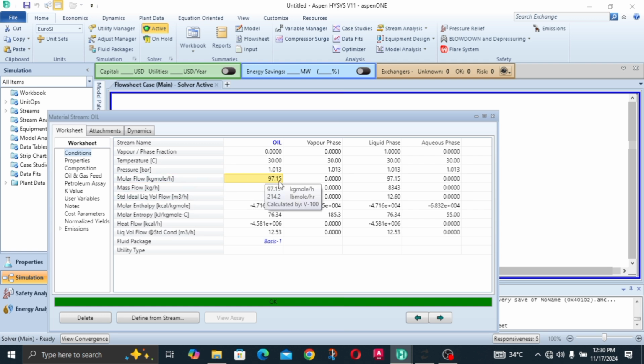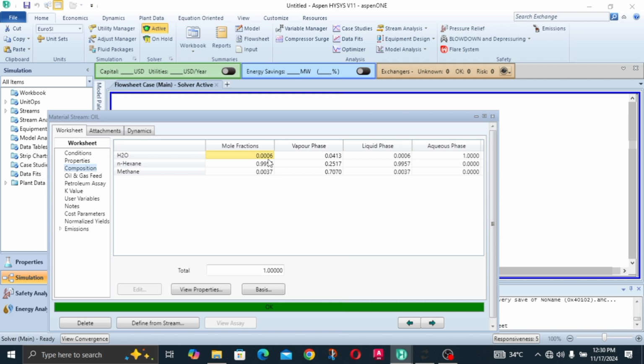It's 7.15 kilogram mole per hour. That's what we have for our flow rate. And then, as you can see, the H2O is very, very small. We have less than 1% water, 0.6% H2O, because more of the water is in the gas outlet, and more of the water should be in the heavy liquid outlet.